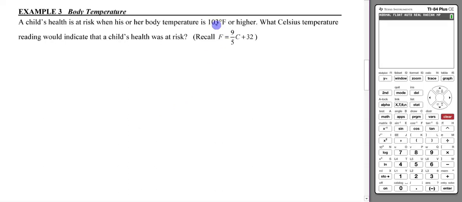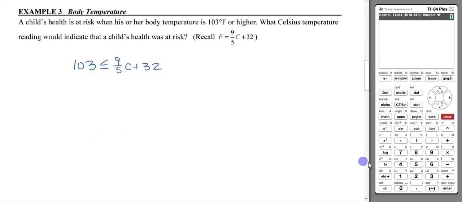So our 103 degrees Fahrenheit is going to substitute in for F, and we know that that is 9/5 C plus 32. If the temperature is more than or equal to 103, that is going to leave our child's health at risk.